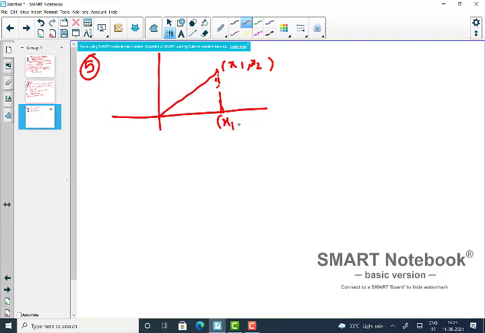This is x1, 0, and these kinds of maps are called projection maps. This is projection on the x-axis. Similarly, you can have projection on the y-axis also. So this is 0, x2. So projections.